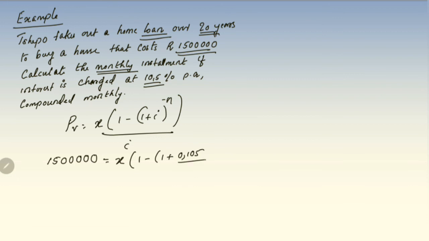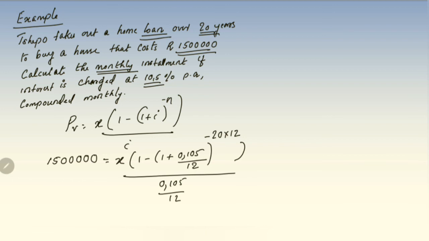Since it is monthly, divide by 12, to the power minus, how many years? 20. So change it into months, that is 20 times 12, which is 240. Then close the bracket, then divide by i again, that is 0.105 divided by 12.